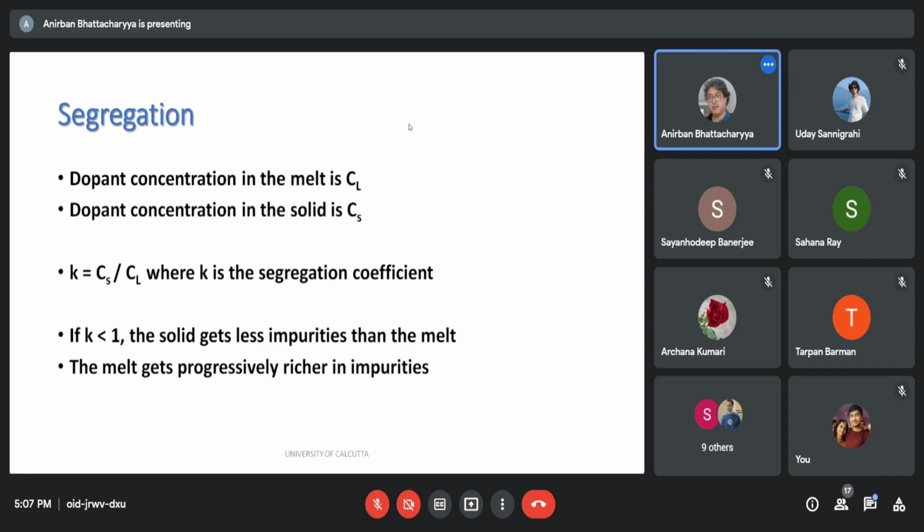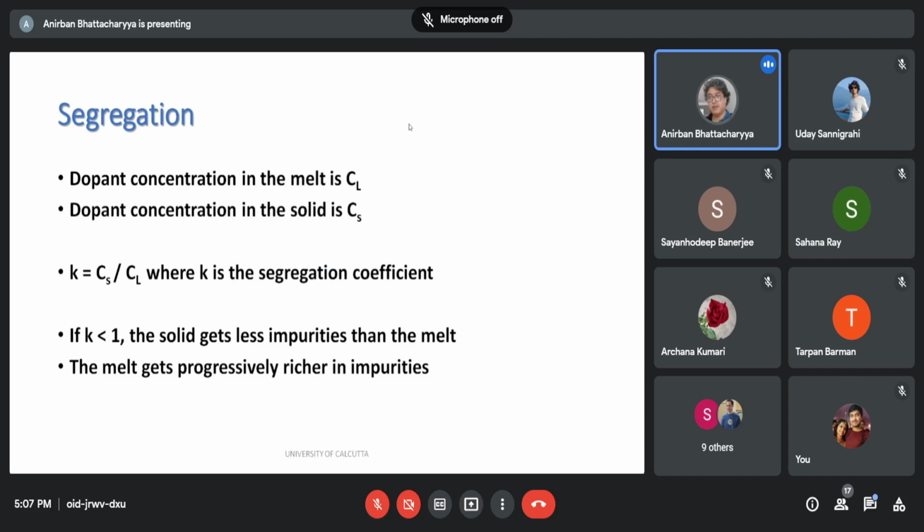Let me ask you this question again. I have silicon melted, okay? And Cl is the concentration of phosphorus within that silicon. And then you are freezing part of it. Cs is the concentration of phosphorus in that solid silicon. Okay, so far everybody is clear?